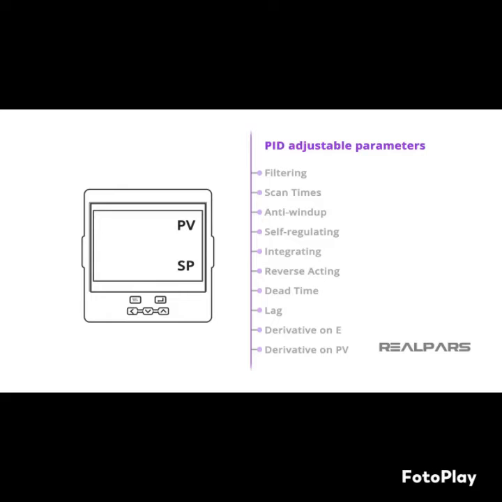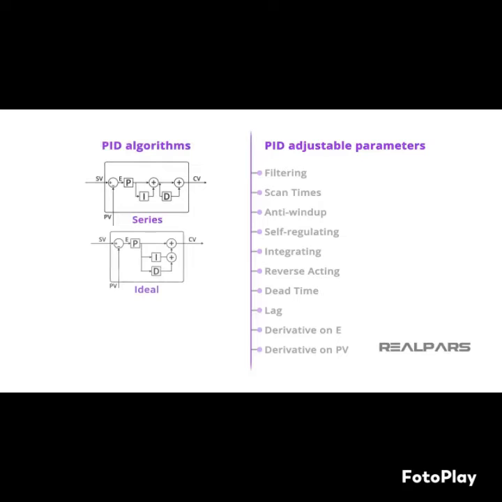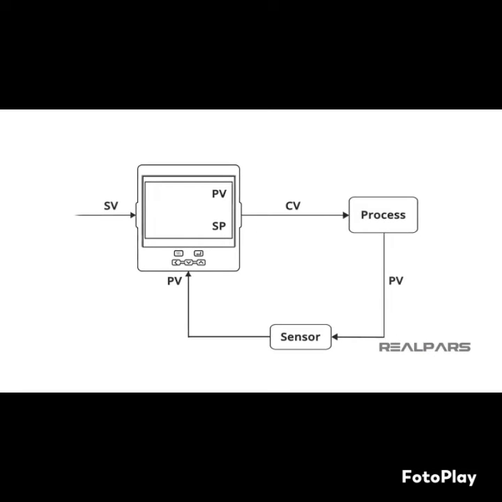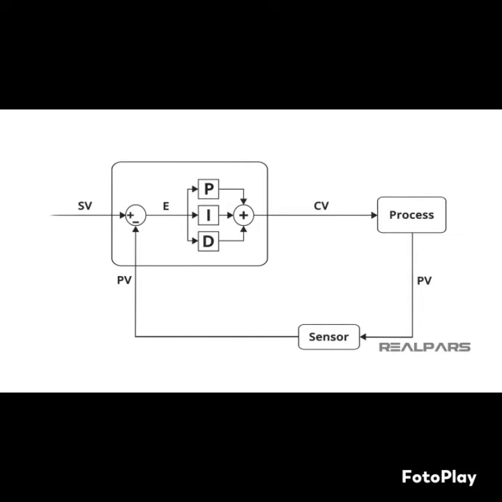Other parameters to research for PID controllers are series, ideal, and parallel algorithms, filtering, scan times, anti-windup, self-regulating versus integrating processes, reverse acting, dead time, lag, derivative on E, or derivative on PV, just to mention a few.